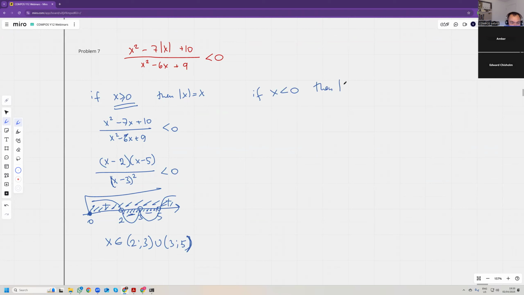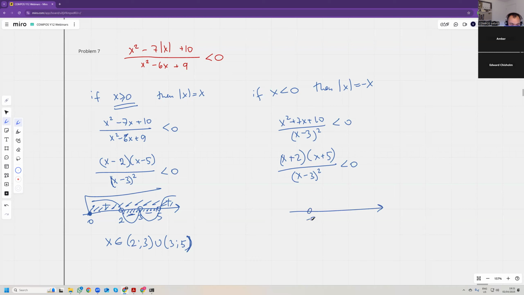And then if x is negative, then modulus x is negative x, so x squared plus 7x plus 10 divided by x minus 3 squared less than 0. So x plus 2, x plus 5, over x minus 3 squared, less than 0. The critical points are minus 5, minus 2, and 3. We don't care about the 3 because we are less than 0.